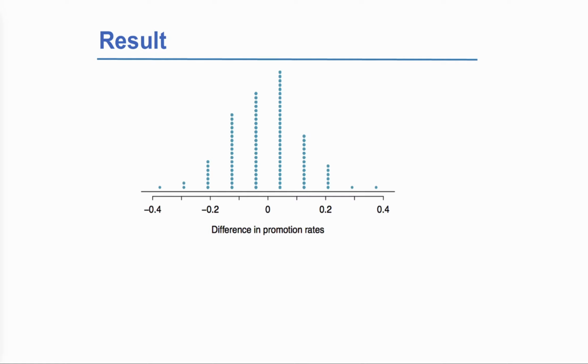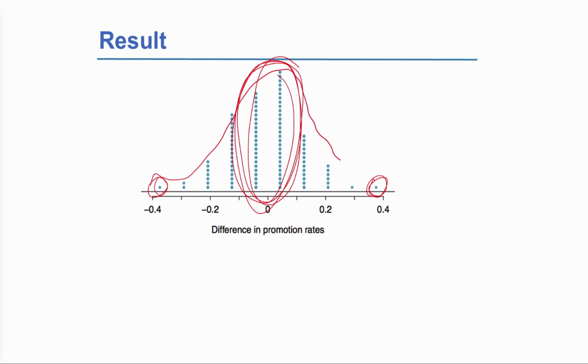If we take a bunch of samples, sometimes we're going to get some results where there's a very large gap in the promotion rates. Most of the time, we're going to get that there is not a very large gap. We're going to get samples that are pretty close. And if you notice that this looks approximately like a normal curve, that is not a coincidence.